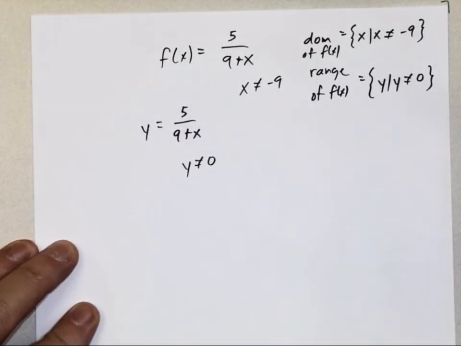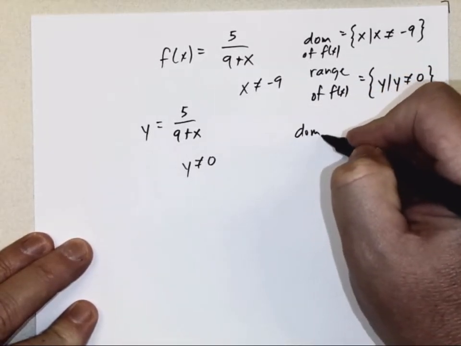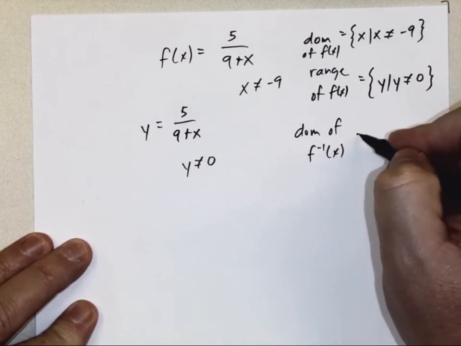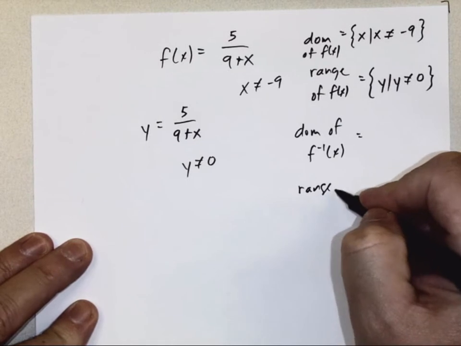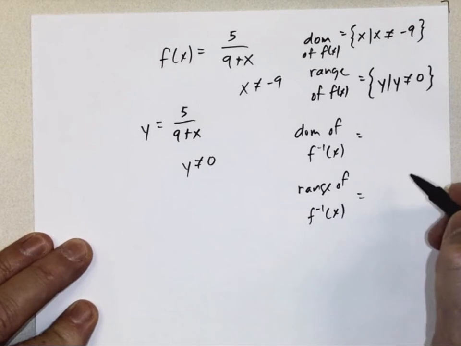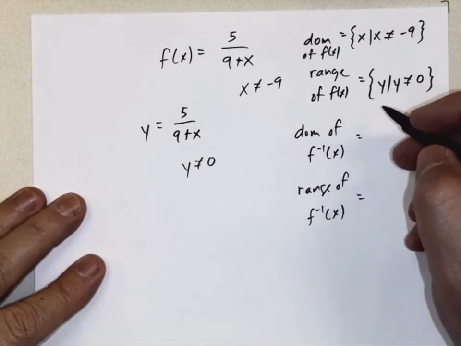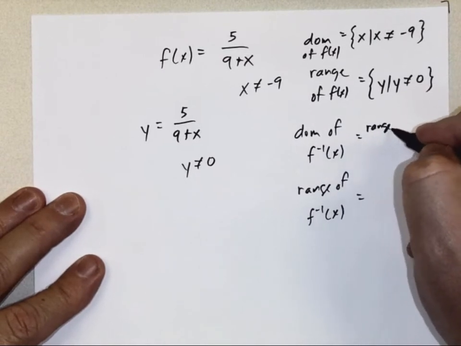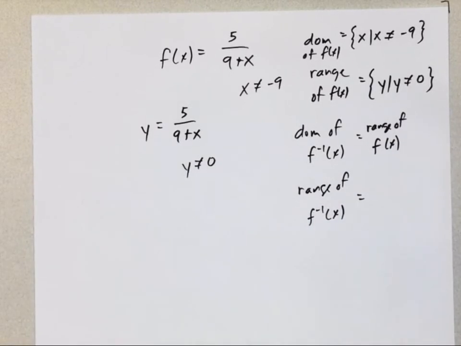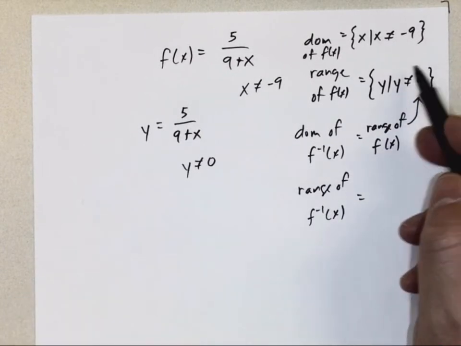Now what's interesting is they also ask for the domain and range of the inverse. What's nice is, let me just write these out, because once I explain how we're going to do this, it's going to go very fast. The domain of the inverse function is equal to the range of the original function, so it would be this right here.